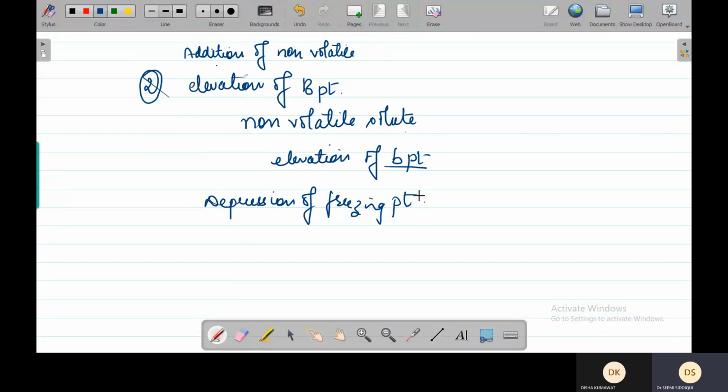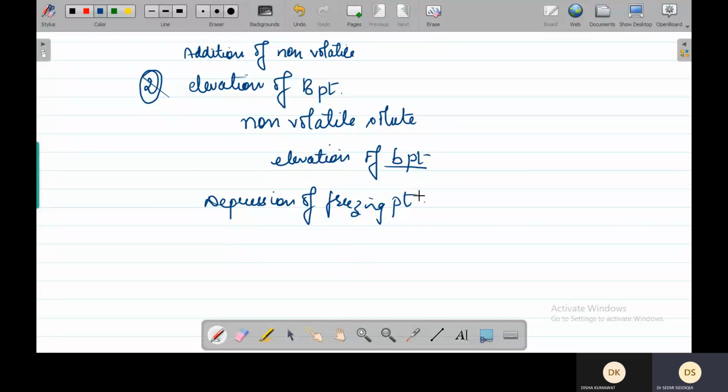Now, a solution will freeze when its vapor pressure is equal to the vapor pressure of the pure solid solvent. Whenever we add a non-volatile solute to the volatile solvent, the vapor pressure will decrease and it will become equal to that of the solid solvent at a lower temperature. The difference between these two we call the depression of the freezing point.